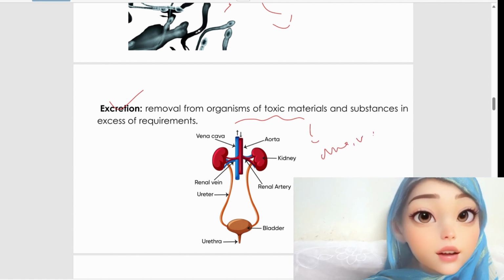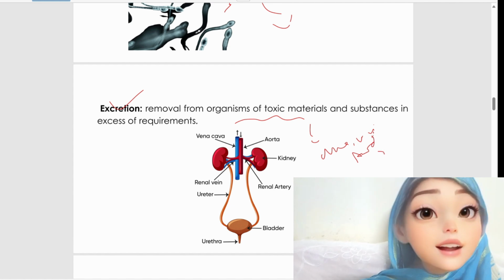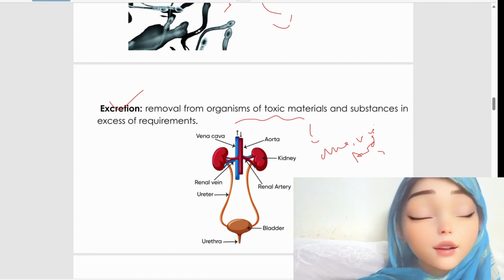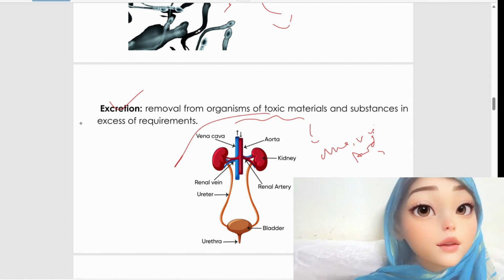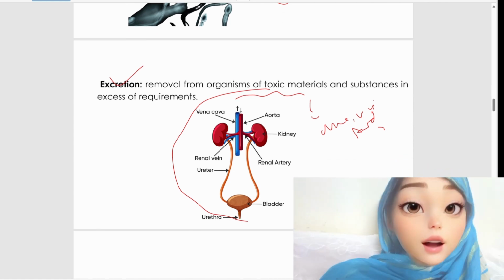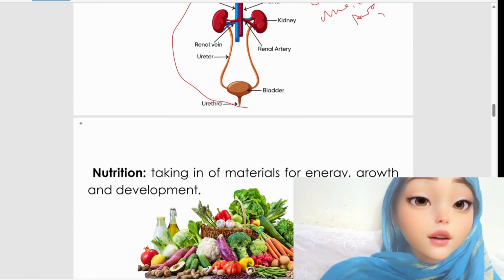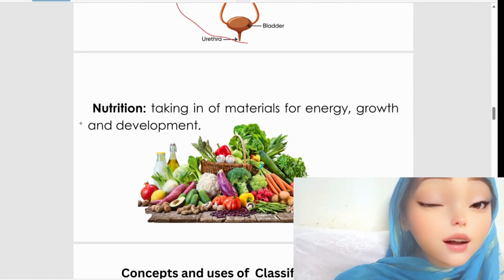These are the toxic materials that need to be excreted from your body, and this process is done by your kidneys. So the responsibility of your kidney is excretion. Now let's move on to the last definition, that is nutrition. We all are taking in energy or the materials for our growth and development. So this process is known as nutrition.